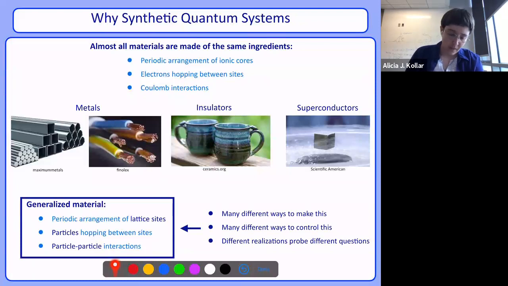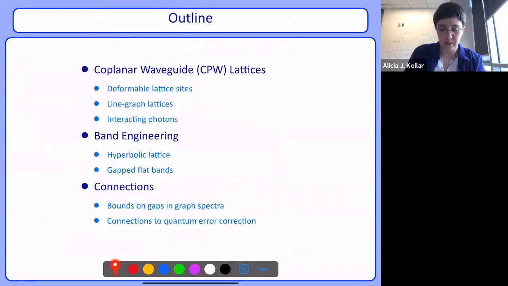Those of us that work in synthetic quantum systems, some of the keywords you may have heard are things like quantum simulation or quantum emulation. We like to take known building blocks and try to build up materials in different ways. This is what I do in my group, and that's what I will be telling you about today.